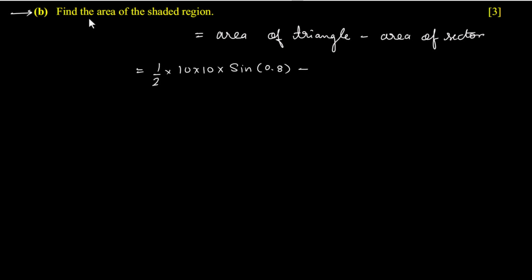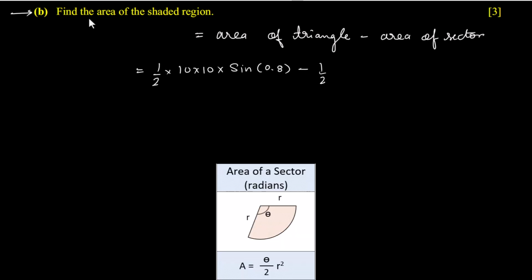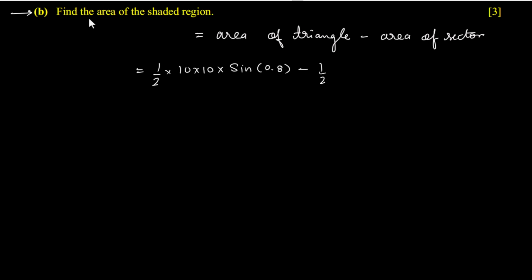For the area of the sector, since the angle is in radians, it is going to be half r squared theta, and the radius for the sector is 6, so it is half times 6 squared times theta, which is 0.8. We can calculate this directly on the calculator, or cancel out one more step, which is also fine.